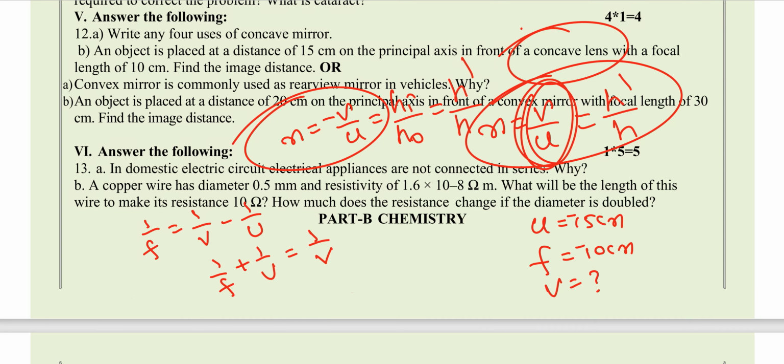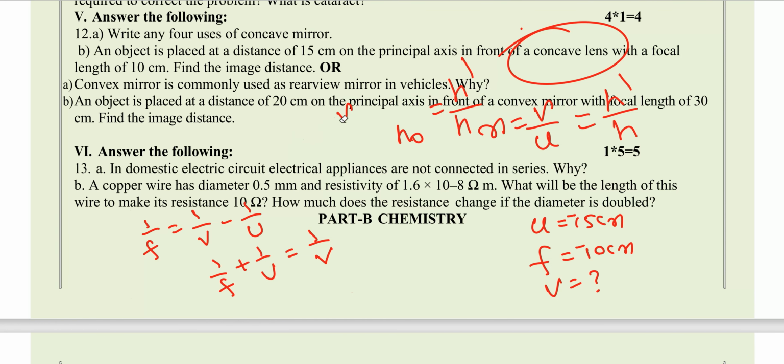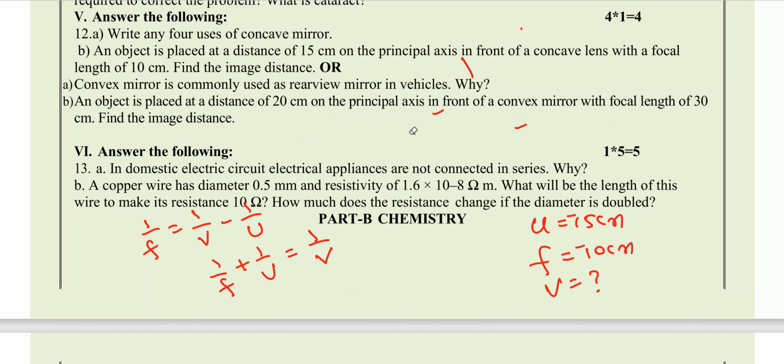Then can you solve this? The rest of the steps, can you tell me the answer? Quick. What is f? Minus 10. 1 by minus 10 plus 1 by u is equals to 1 by v. Correct? See, 1 by minus 10 can also be written as minus 1 by 10.